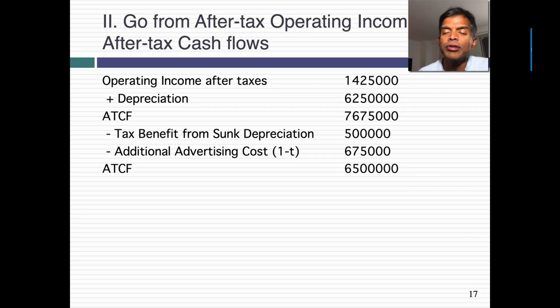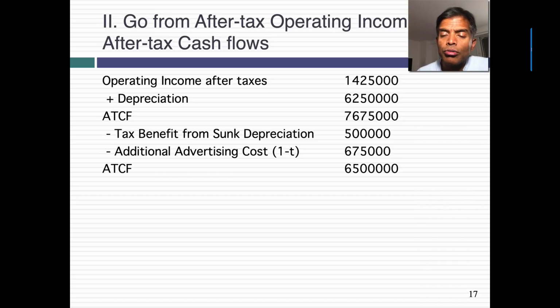What effect does that have on the cash flows? Remember, the effect of depreciation is the tax benefit from it. In this case, 40% of 1.25 million is 500,000. Right now, I'm counting that tax saving as part of my cash flow, but I'm going to get that tax saving anyway. So I subtract out the tax benefits from that sunk depreciation.